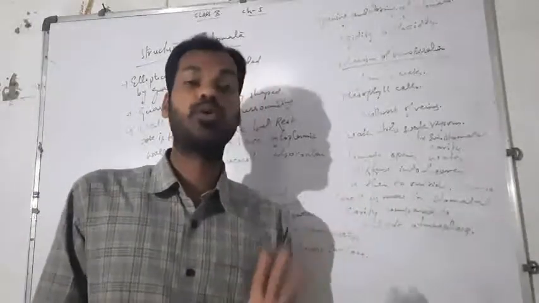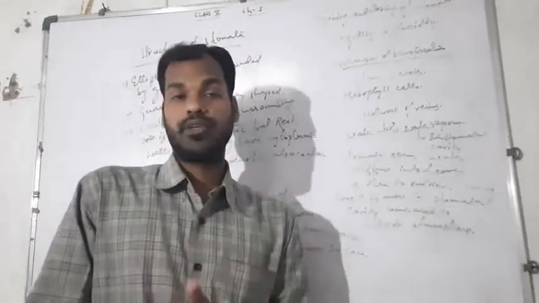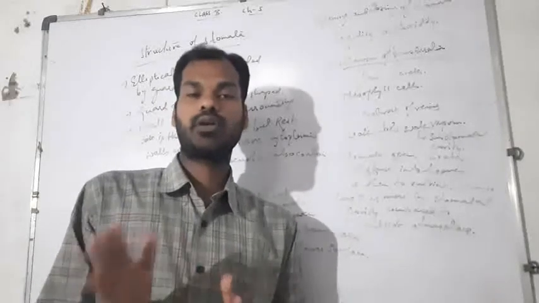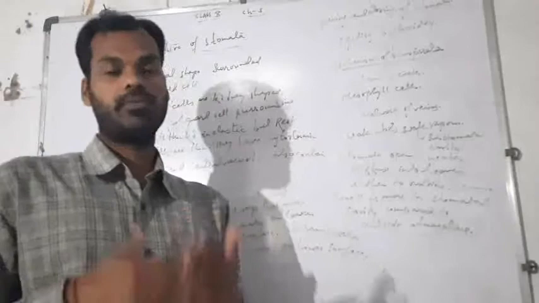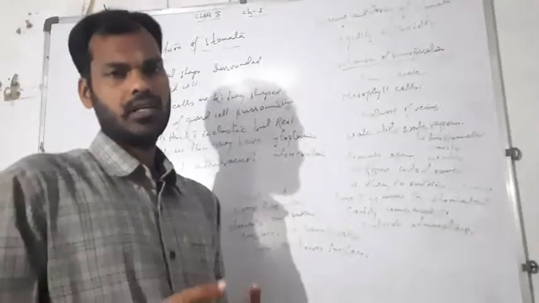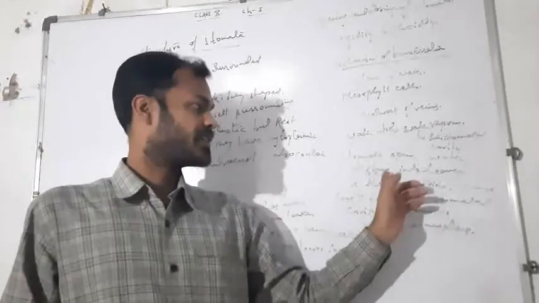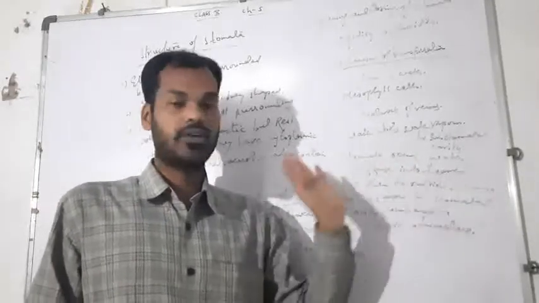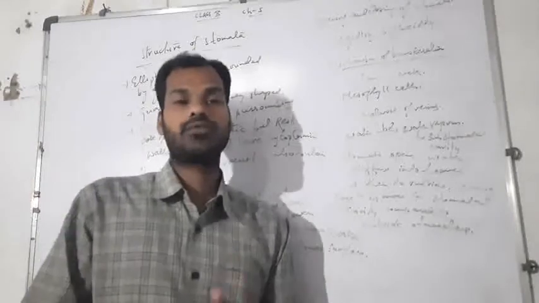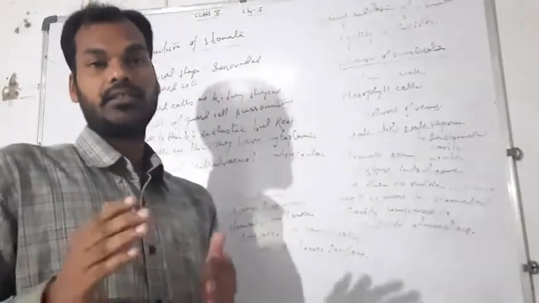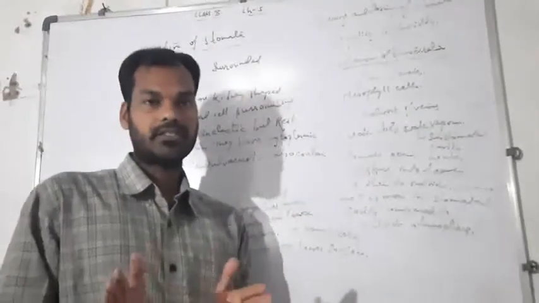As a result of diffusion, from higher to lower concentration, there will be movement, or simply osmosis. So the water present in the substomatal cavity shifts to the outside atmosphere.